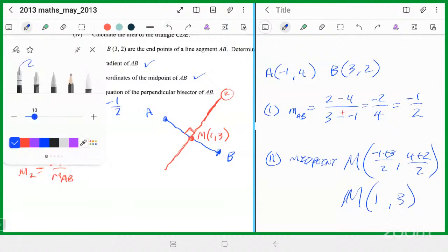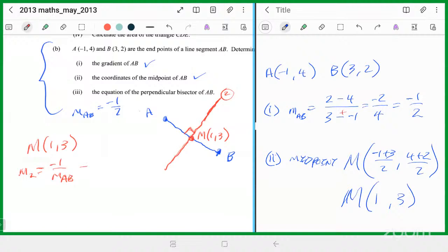Flip it and change the sign. Flipping negative half gives minus 2 over 1. Then change it from a minus to a plus, and it becomes positive 2 over 1, which is 2. If we flip this and change the sign, it becomes 2. So we're going to have this line.